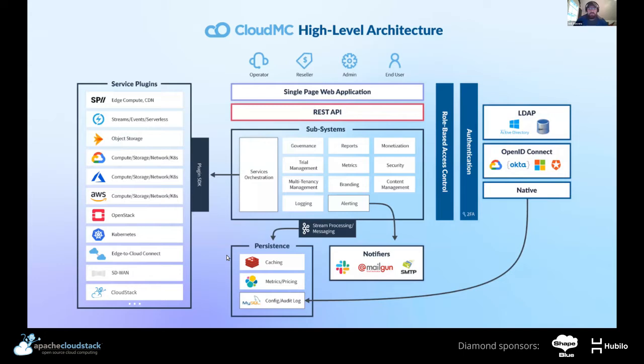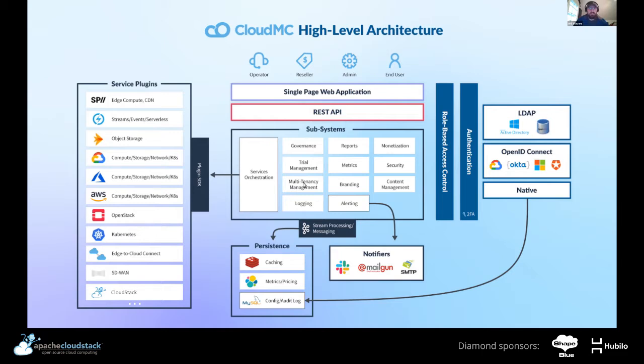We also have integrations with authentication providers. This is through OpenID Connect currently, and there's some additional stuff we can talk about here in terms of authentication. But in general, CloudMC is a web application platform, as well as a set of APIs that allow you to orchestrate underlying services while adding additional layers of business value on top.